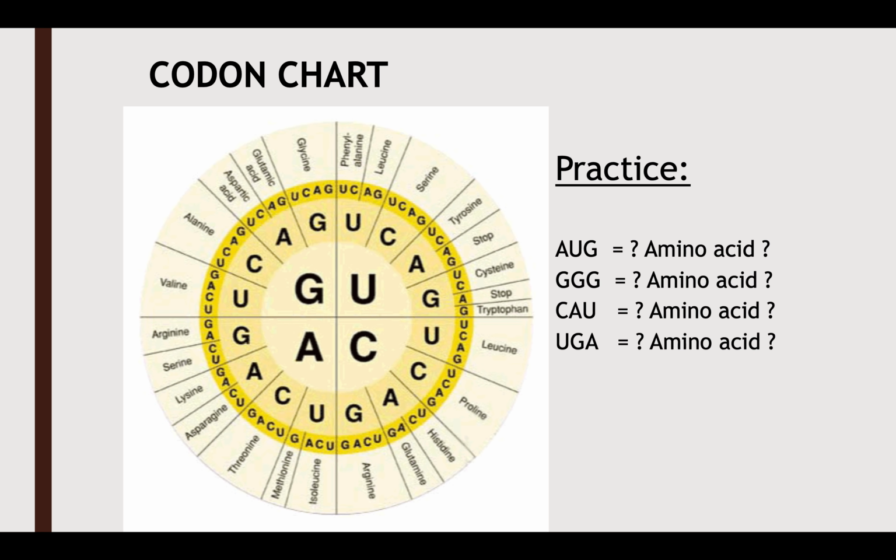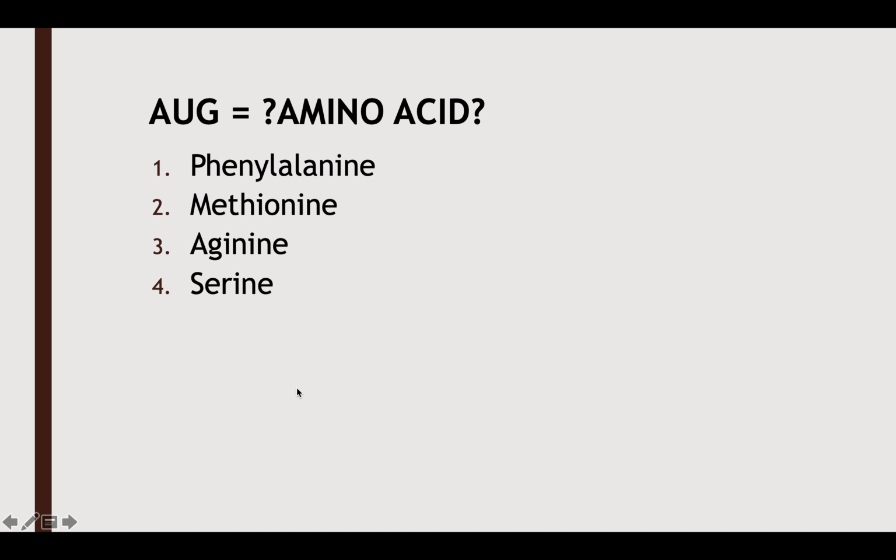So let me just point out to you how you read the chart. Let's say in the gene, there is a code that says, let's say, GCC. What you do is you find in this kind of chart the first letter in the inner ring.